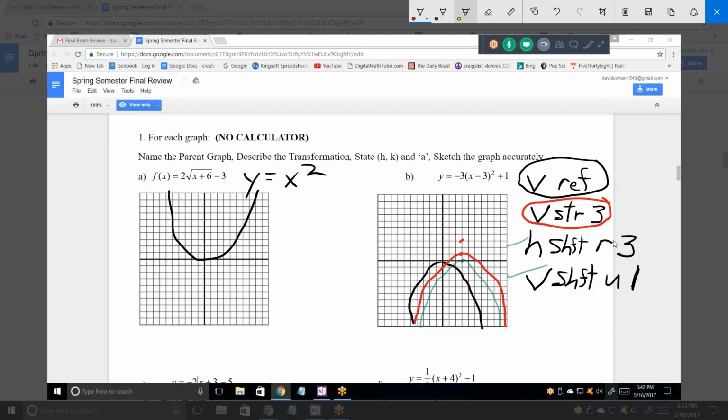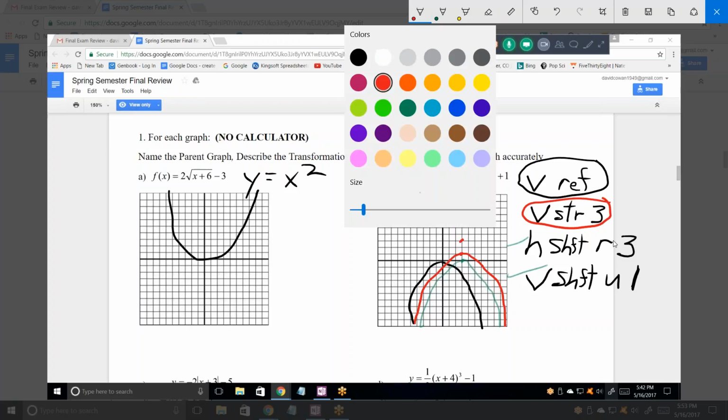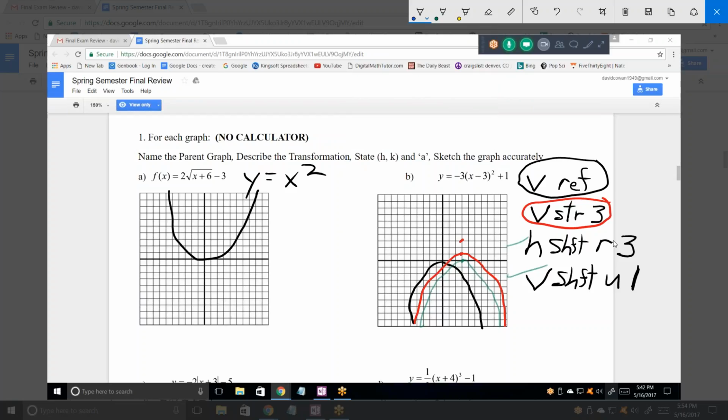I don't want to do it in red. I want to do it in blue. So that point is there. This point is still right there, because when you stretch 0, you get 0. That point is still right there.